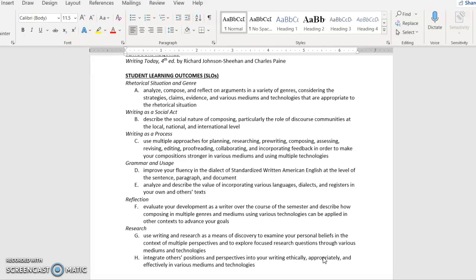Furthermore, and I mentioned this in my explanation for Project 2, it also means how to integrate positions and perspectives that don't line up with your own, right?